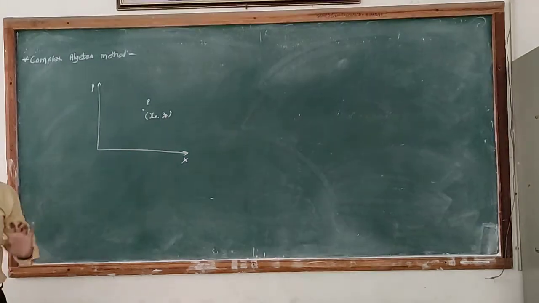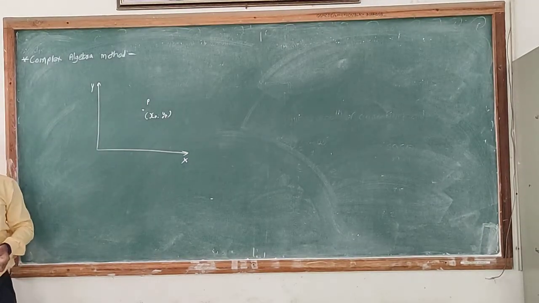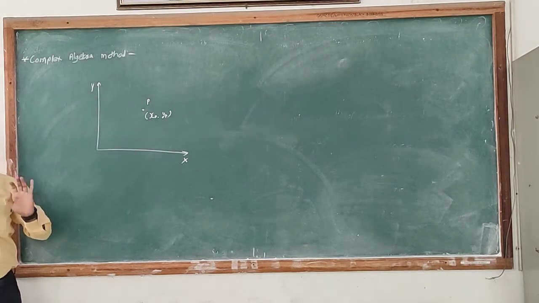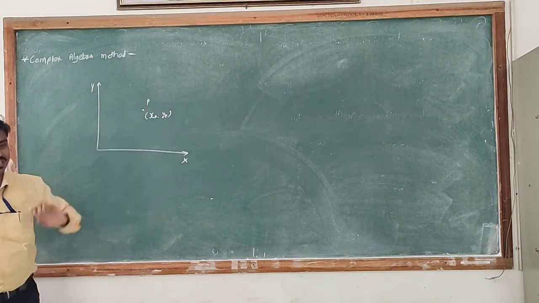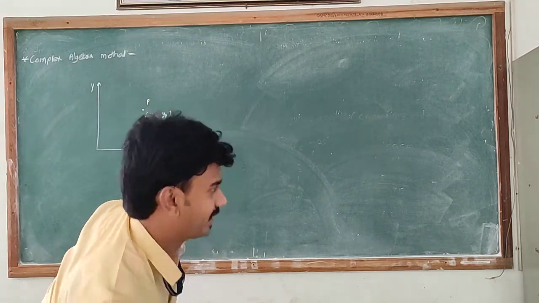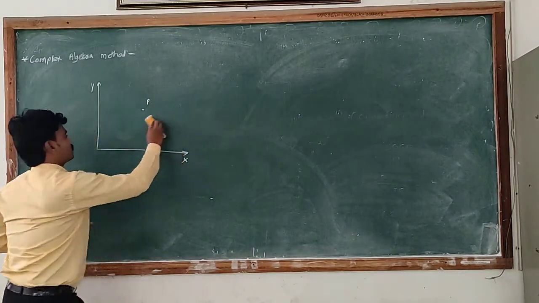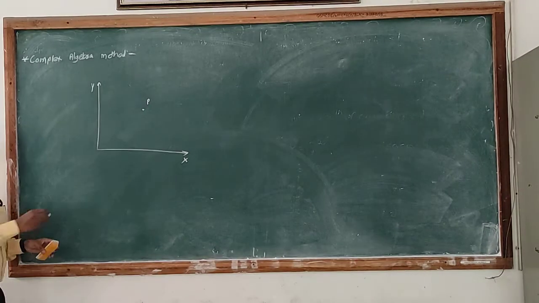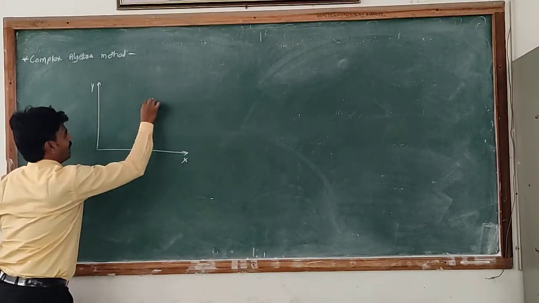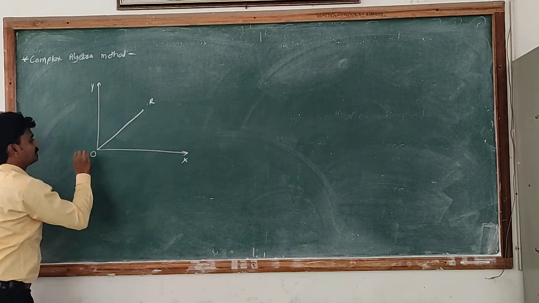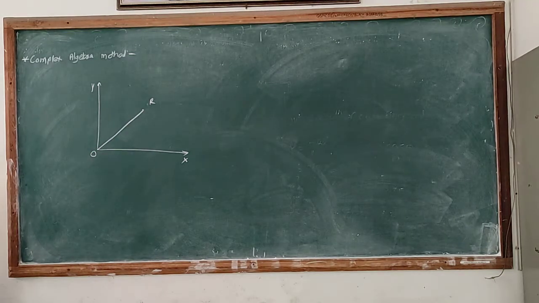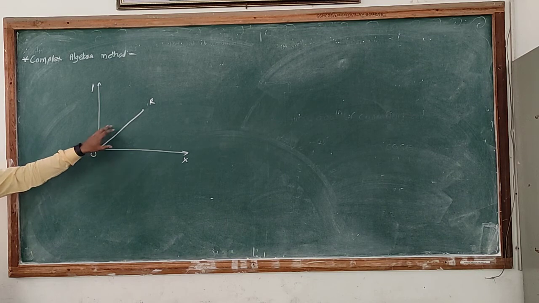But in the complex algebra method, how can we represent this point? In vector form, suppose this point is R, and this is my origin at this position.